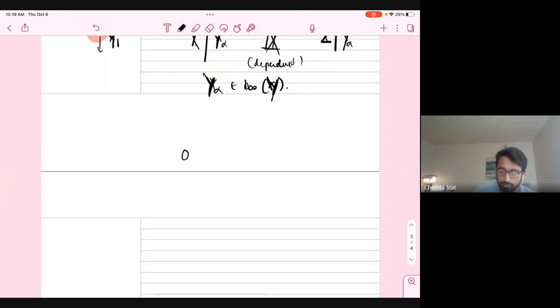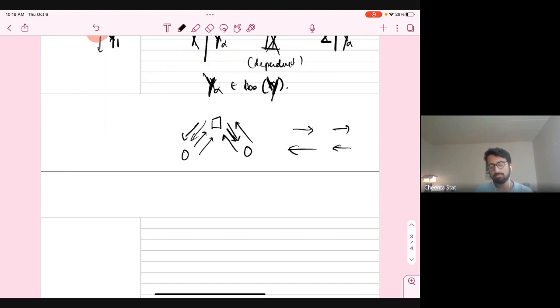See, if there are two and there's another node, it can either be like this, or it can be like this, which is the same as this, or it can be both of them like this, right? Or both of them like this. So essentially four ways, but this and this are the same.